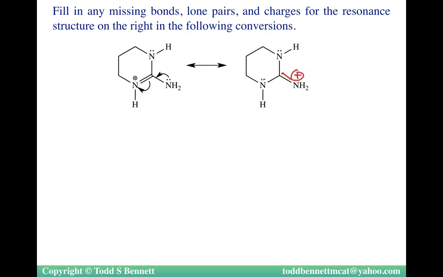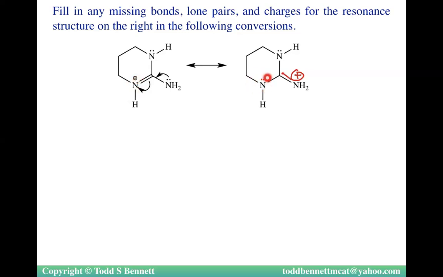Okay, this will be a more challenging one to figure out what the major contributor is in this case. So in this situation, that one's fine. Octet is maintained. Carbon in the middle, 4 bonds in each case. Nitrogen here has 4 bonds.